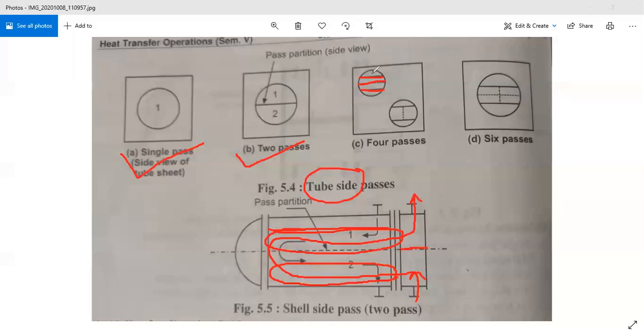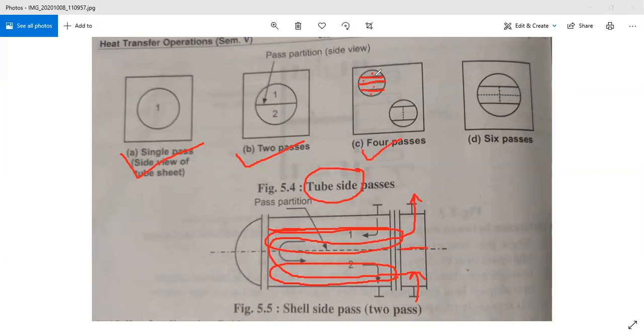The first pass is from this space, the second pass from this space, the third pass from this space, and the fourth pass from this space.